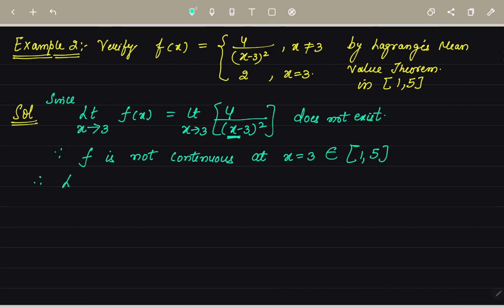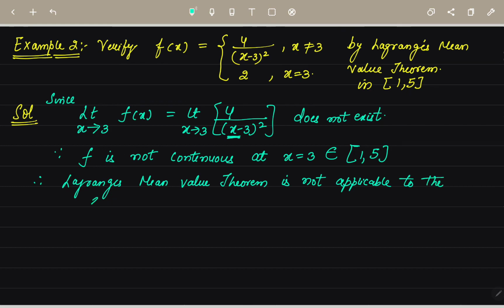So I will write: Lagrange's mean value theorem is not applicable to the function f in this closed interval 1 and 5. Hence, if one condition fails, then this question is not verified by Lagrange's mean value theorem.